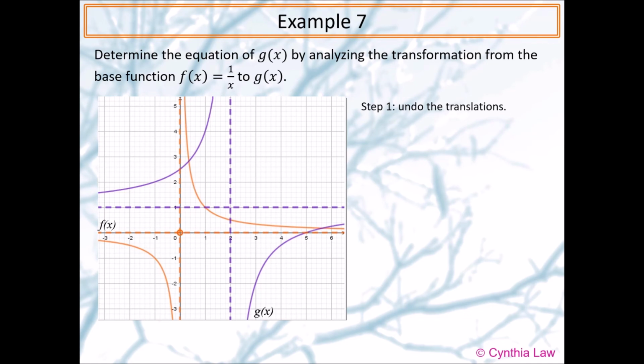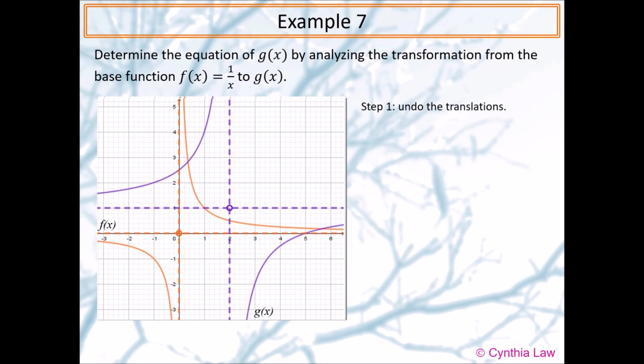And then we would realize that this point is the intersection of the asymptotes. So then we identify the intersection of the asymptotes of g of x. So there's my point. And we notice from f of x to g of x, the translation is 1 unit up and 2 units to the right.